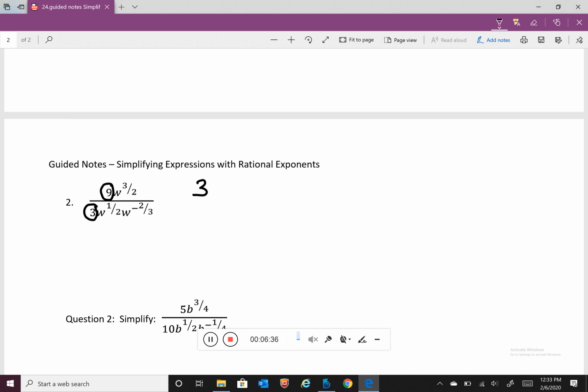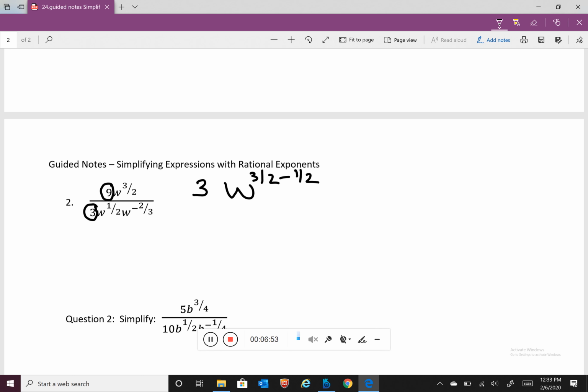And remember, like bases divided, we're going to subtract those exponents. So that gives us w to the 3/2 minus 1/2. And we'll be able to subtract those in our next step.